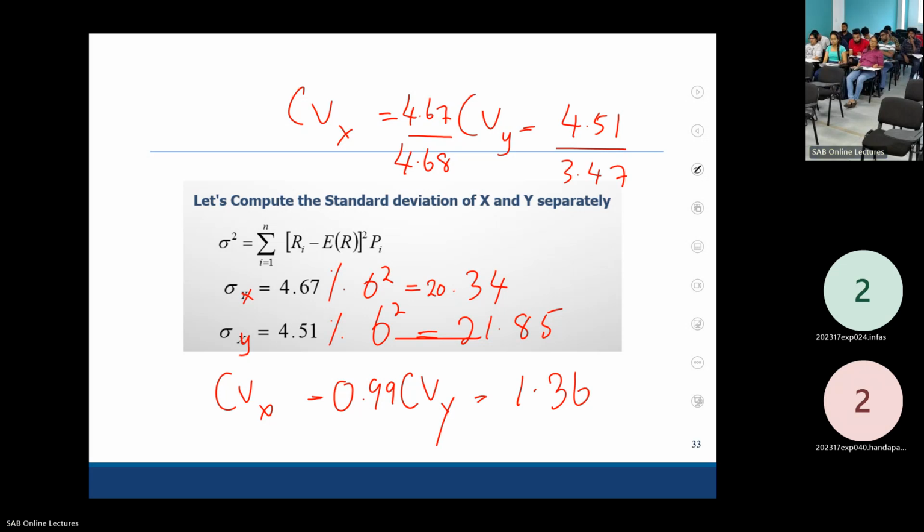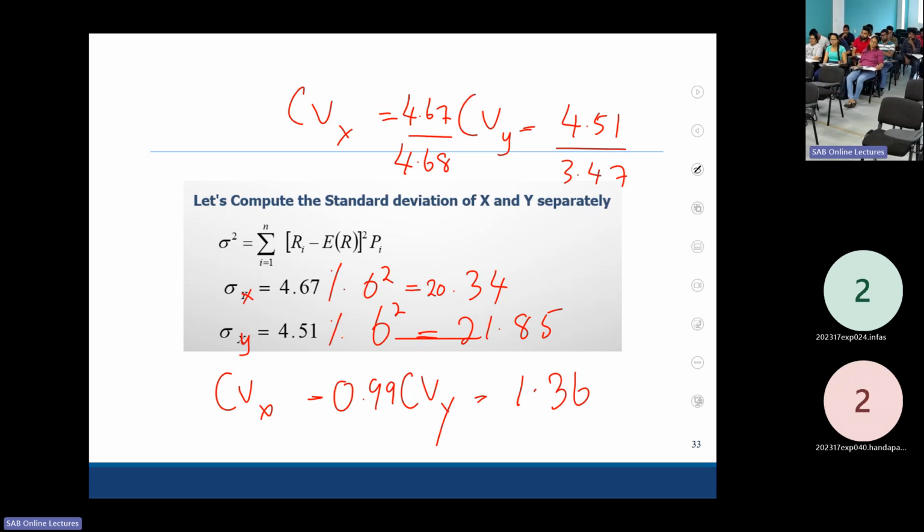X is 0.99, Y is 1.36. But you can see there is a disagreement. If you conclude using the standard deviation, you will say the risky one is X, with standard deviation 4.67.